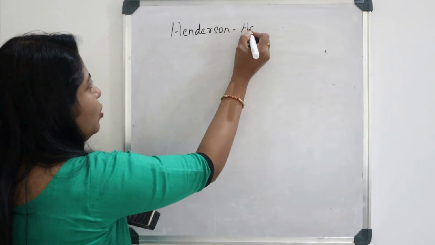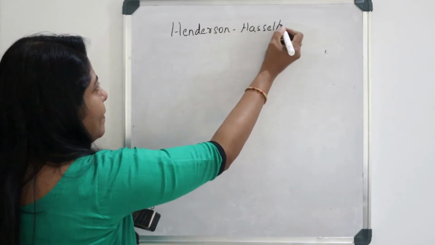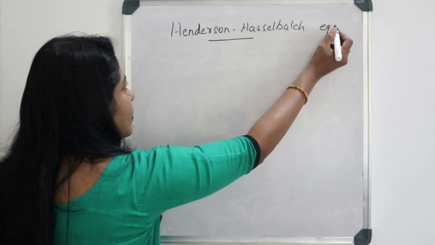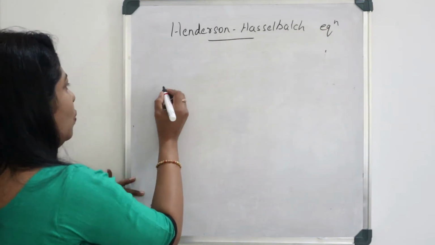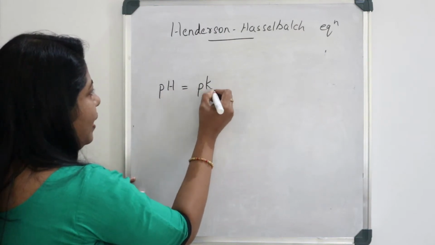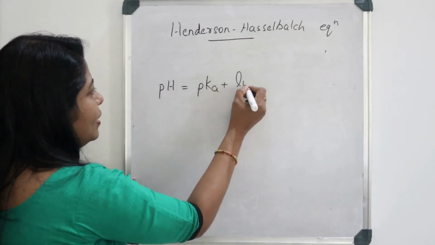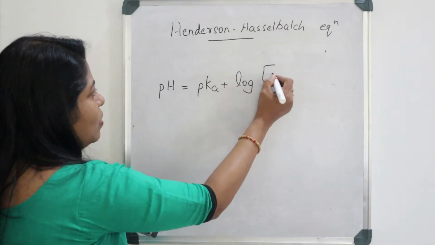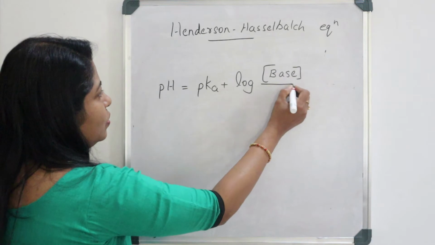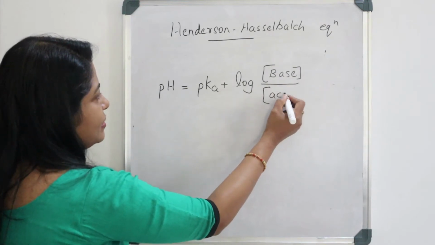Henderson Hasselbalch equation. We know pH is equal to pKa plus logarithm of the concentration of a base to the molar concentration of acid.